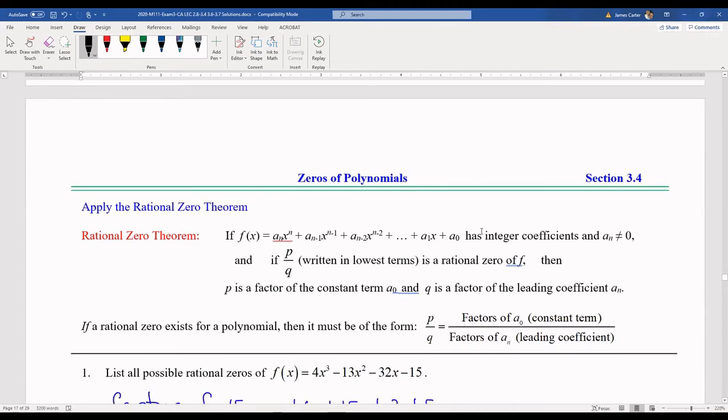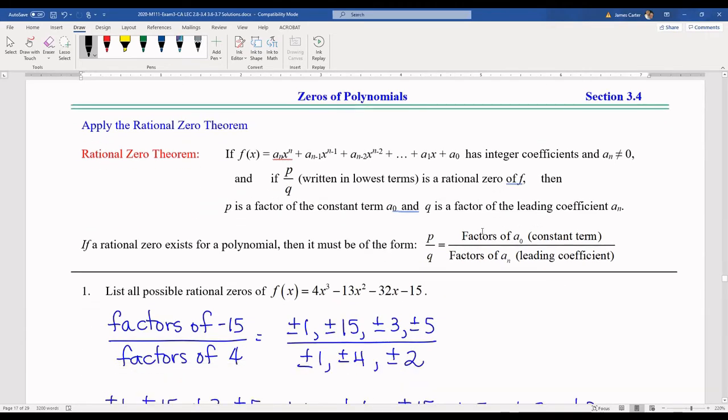Now we'll go to 3.4. This time, remember we look at the n term and the leading term.